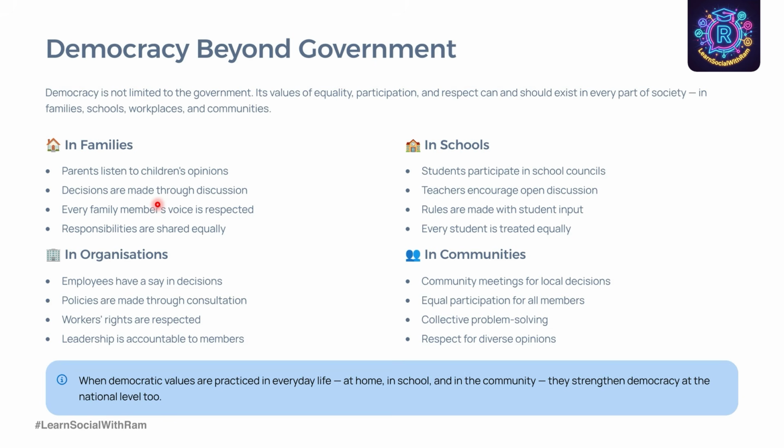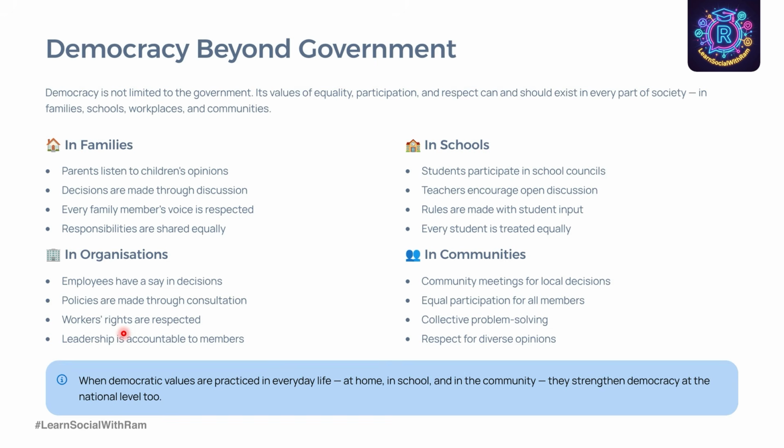Correct? Same way in school. Suppose students participate in student election council, discussion, decision making. That reflects democracy beyond government in schools. A democratic school encourages open discussion. Then, let's say for example, a good organization values employee opinions, equal treatment, and shared decision making.